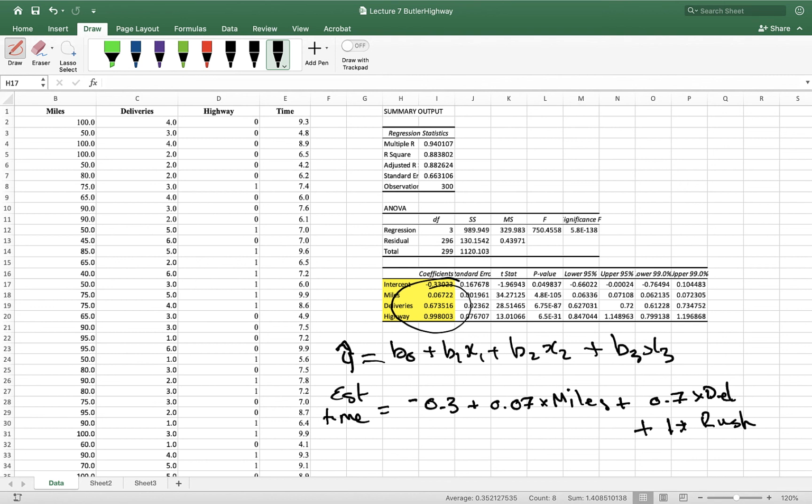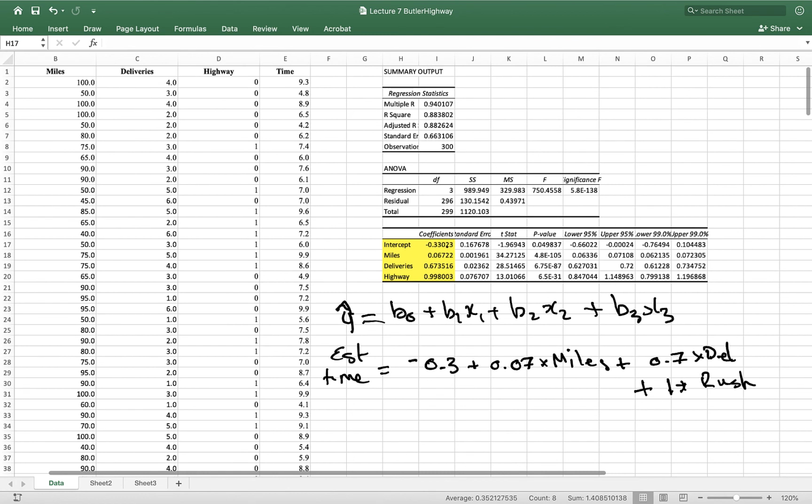And let's just do something. We've done this before on a previous example, but I'm going to do it here again. So what, specifically, does this 0.0672 mean? So what does this figure mean in here?